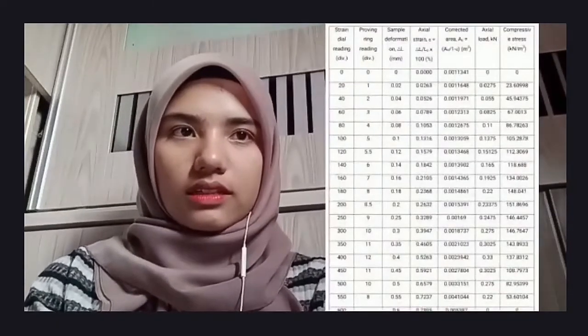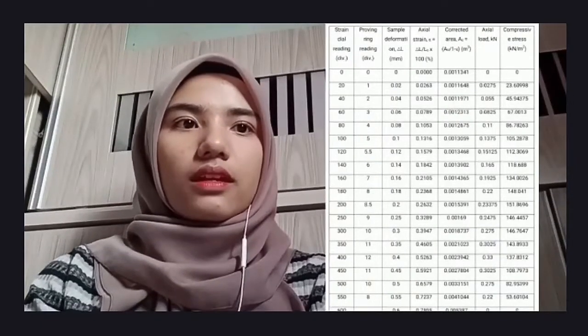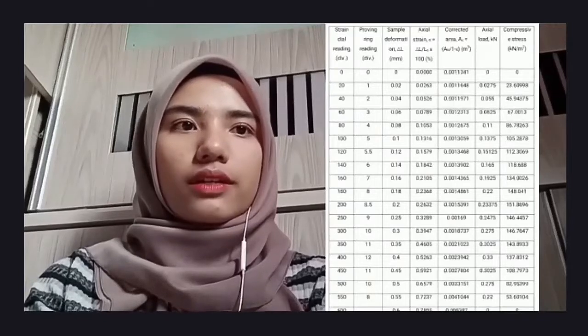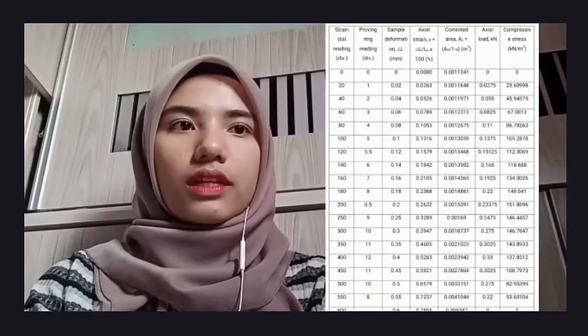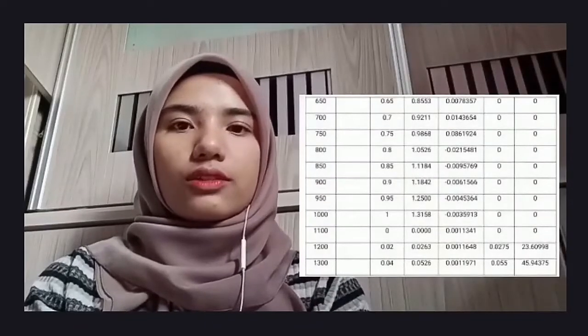For specimen 3, the compressive stress value is 23.60998 and increases to 108.7973, decreases back until 0 and increases to 45.94375.